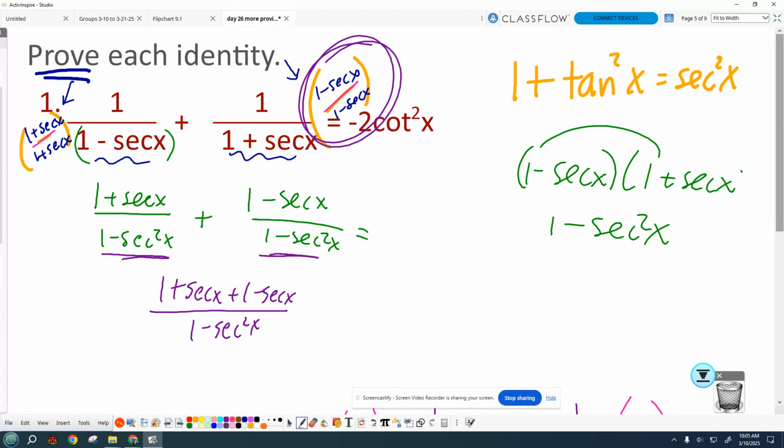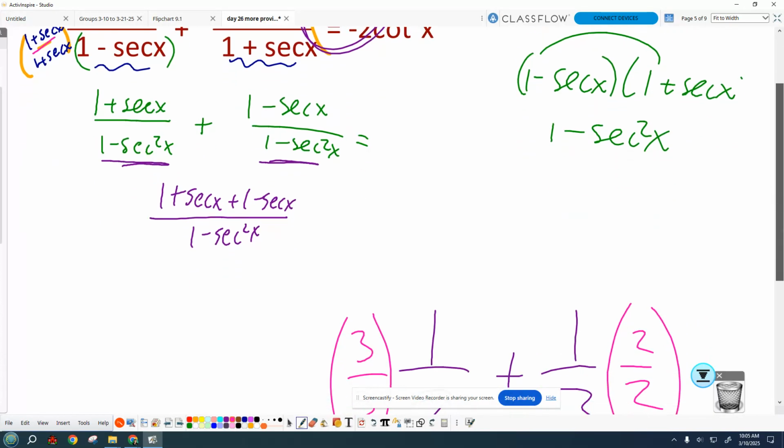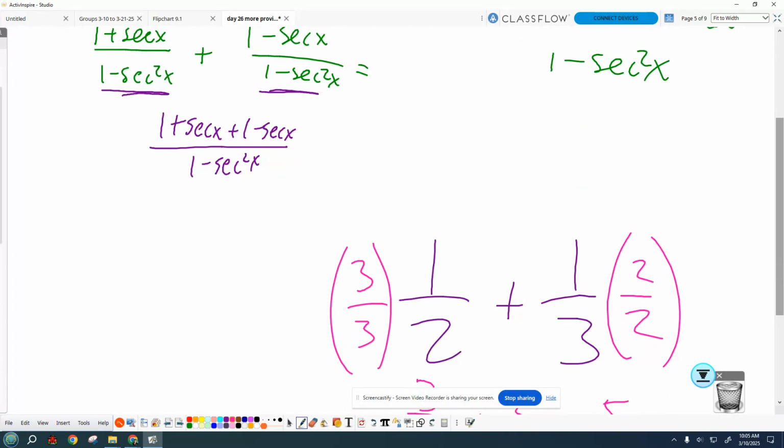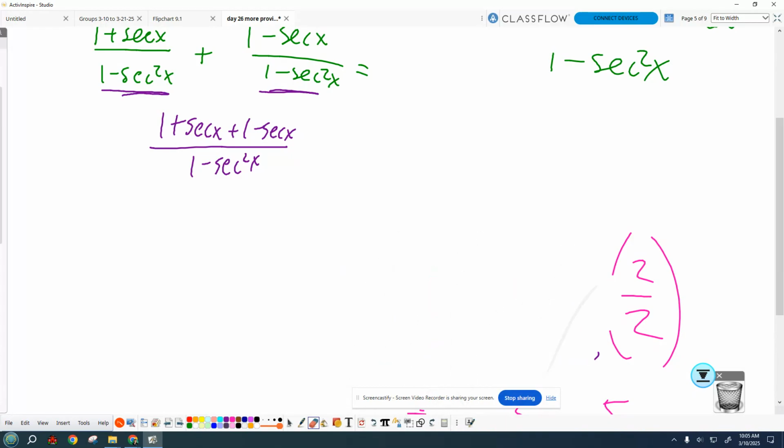Okay. So, looking at what Khalil has written over here, he has 1 plus 1 up top is 2. Positive secant, negative secant, they go away. 1 minus secant squared.